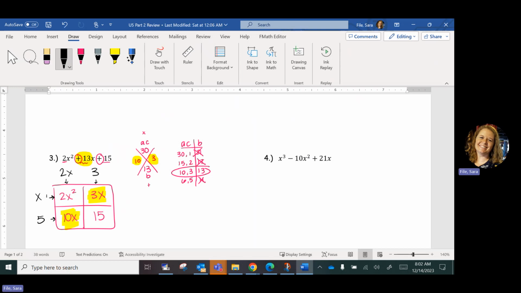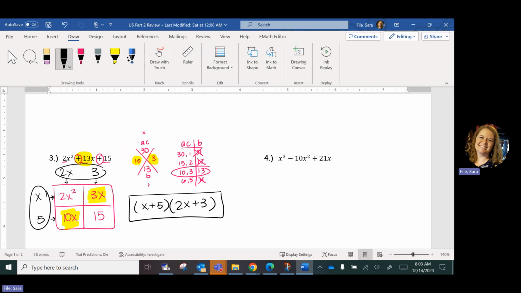And those come together to be my factors. So it's x plus 5 and 2x plus 3. And if you wanted to check that, how I showed you to check it in Desmos, plug this original in and then plug this factored form in, they should be exactly the same graph. Make sense? Okay.